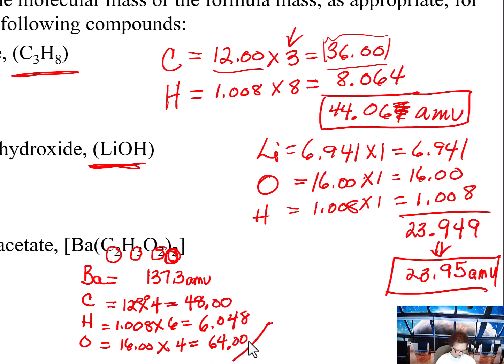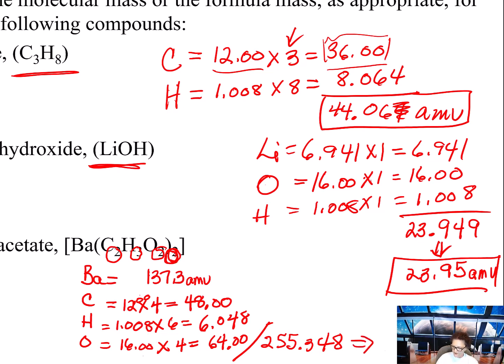So I'm going to add 64 plus 6.048 plus 48 plus 137.3, and that's going to give me 255.348. For my significant figures, I had 4, 4, 4, 4, so I got 4.